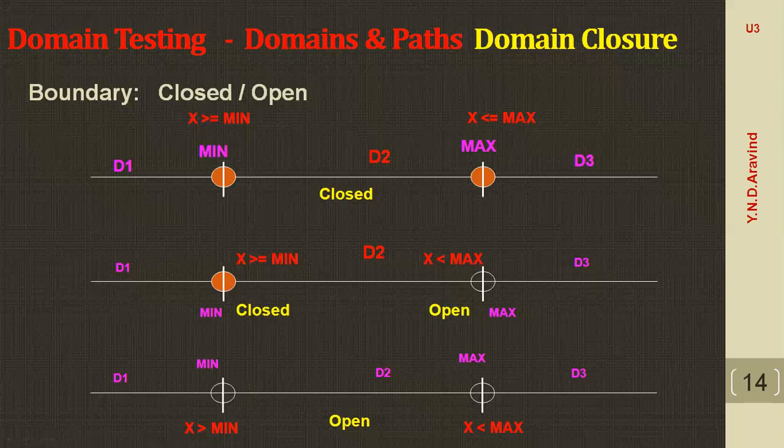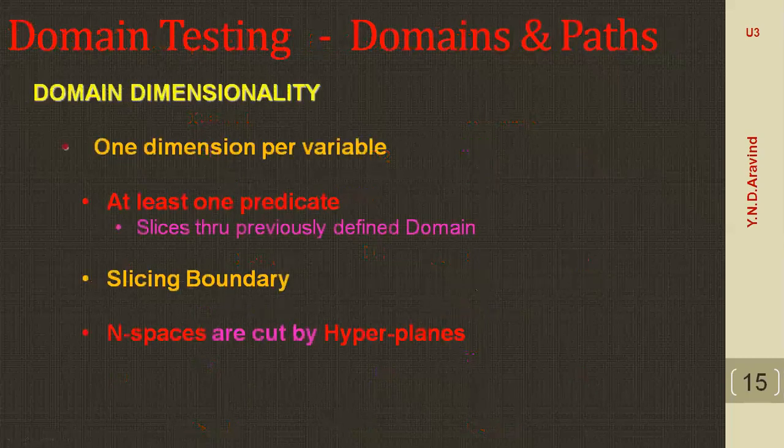Okay, so now let us see what is domain dimensionality. Depending on the input variables, the domains can be classified as number line domains, planar domains, or solid domains. That is, for one input variable, the domain is on the number line.